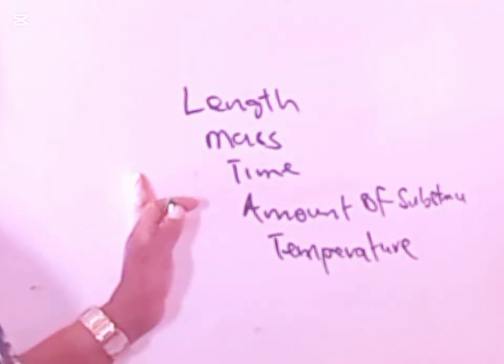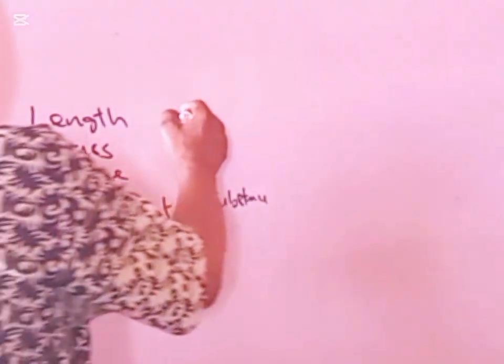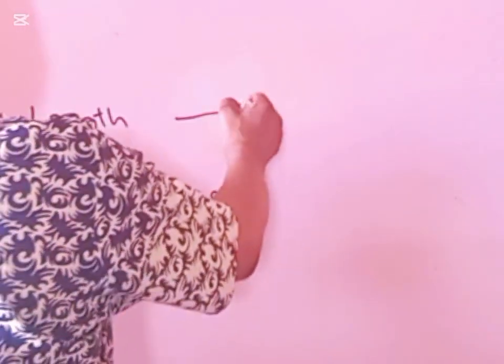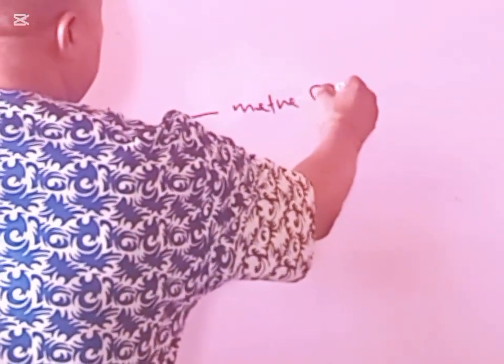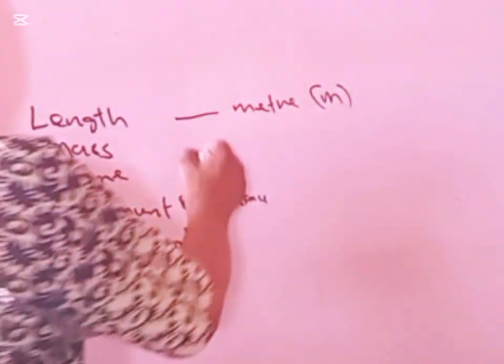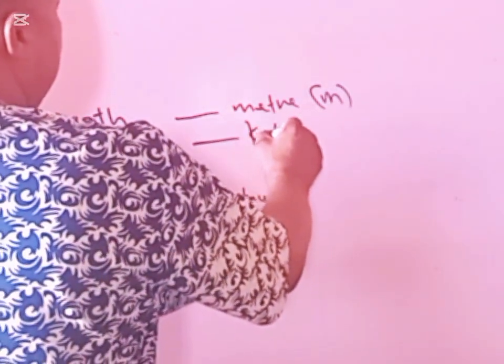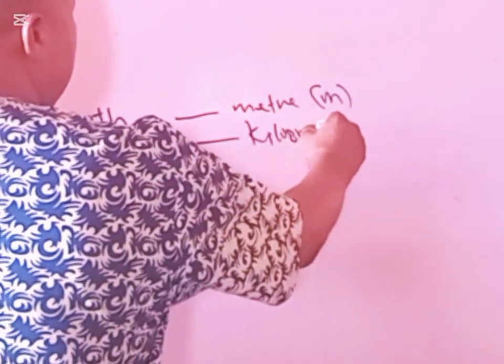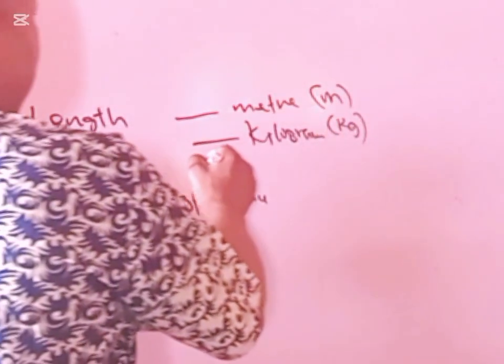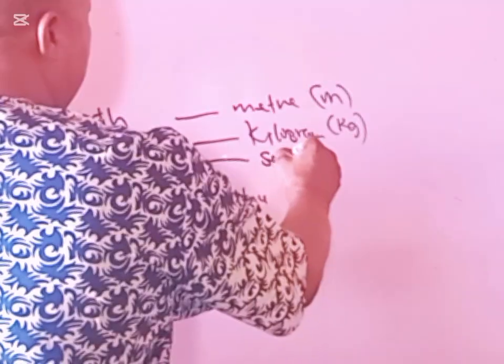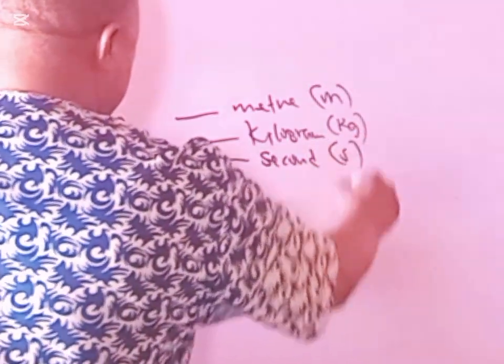And what are their units? So their units are, for the length, meter, which is m. For mass, it is kilogram, which is kg. For time, it is seconds, that is s.